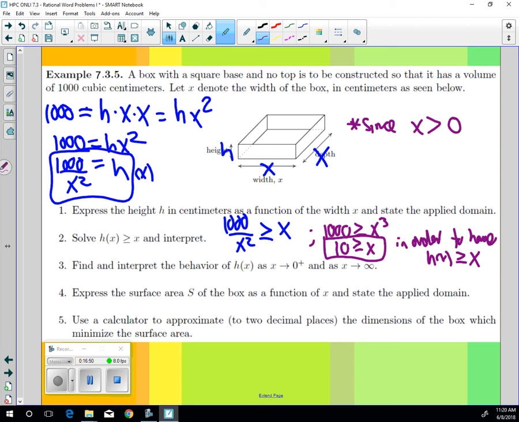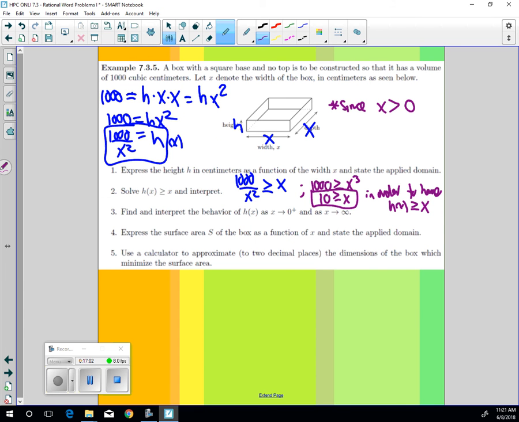Find and interpret the behavior of h of x as x goes to 0 from the right, because it's got to be real, and x going to infinity. So I love this question a lot. With this one, you have h of x is equal to 1,000 over x squared. So let's take a look at the limit as x goes to 0 on the plus side, just a little bit over.